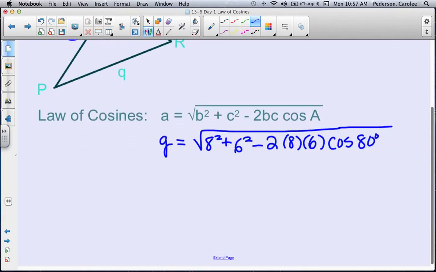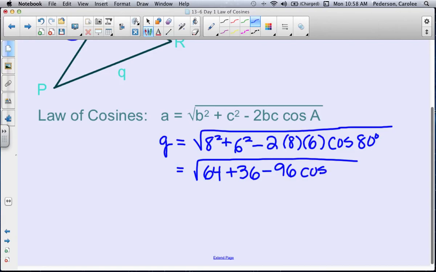So 8 times 8 is 64. 6 times 6 is 36. 8 times 2 times 6 is 96. And then 64 plus 36 is 100.